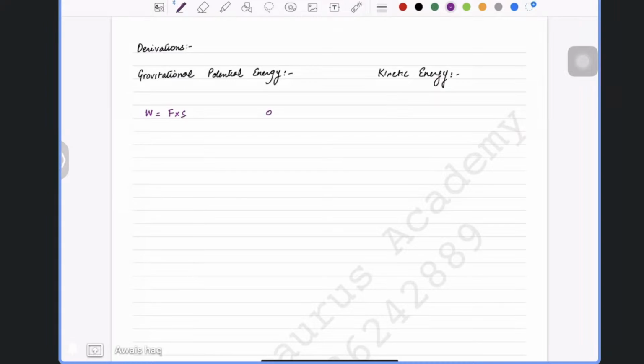When something falls from here, the force is the weight, w, and the displacement is h. Since w is given by mg, gravitational potential energy becomes mgh. This is the simplest derivation you can find.